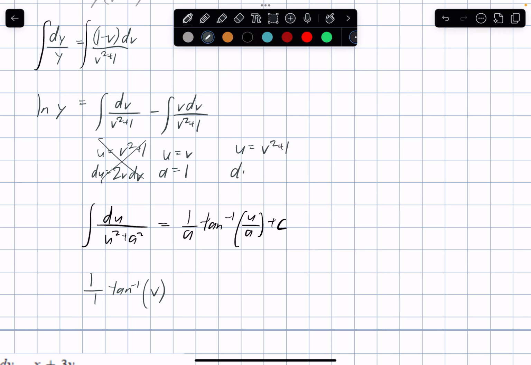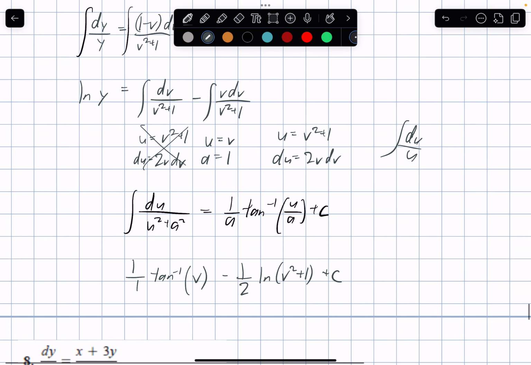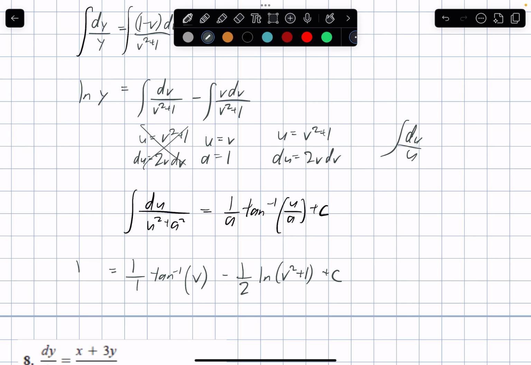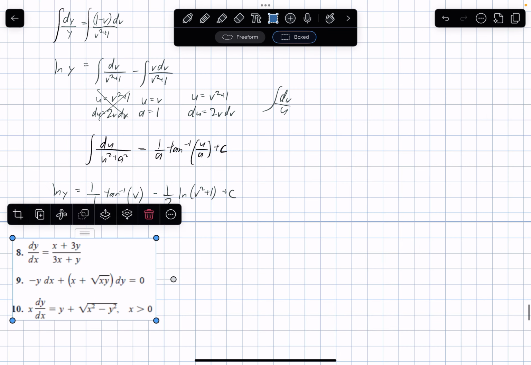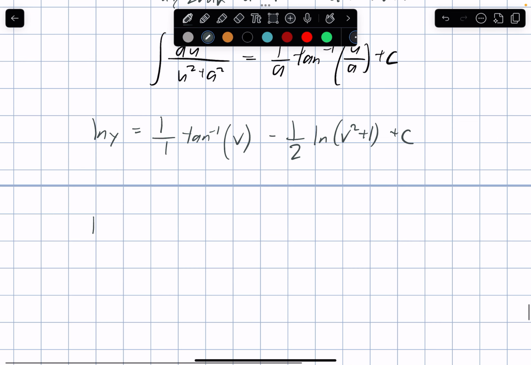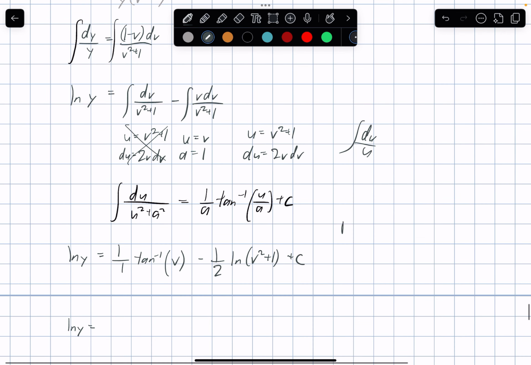So u is equal to v squared plus 1, du is equal to 2v dv. So we put a minus sign, and then 1 over 2. This is in the form du over u integral. So ln u is v squared plus 1 plus c. Don't forget the plus c. The left side is ln y. Don't forget. Okay, so far so good. ln y is equal to, again, recall, v is equal to x over y.